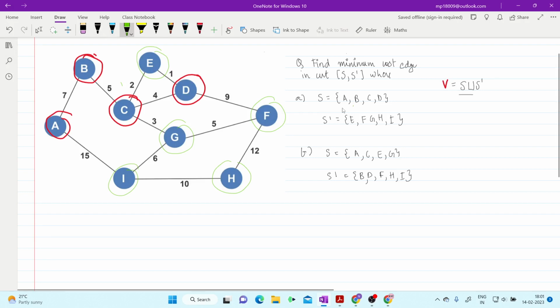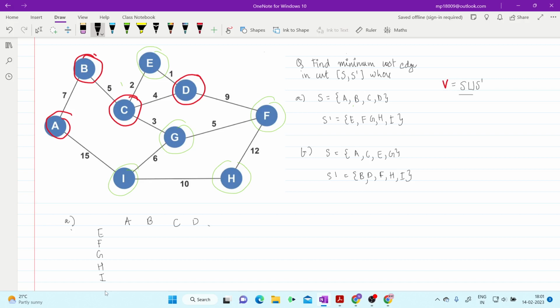So we'll make a table kind of thing to record all these things. Since the first cut is A, B, C, D, whenever there is a cut, we write one set in the horizontal row and the other in the vertical row.